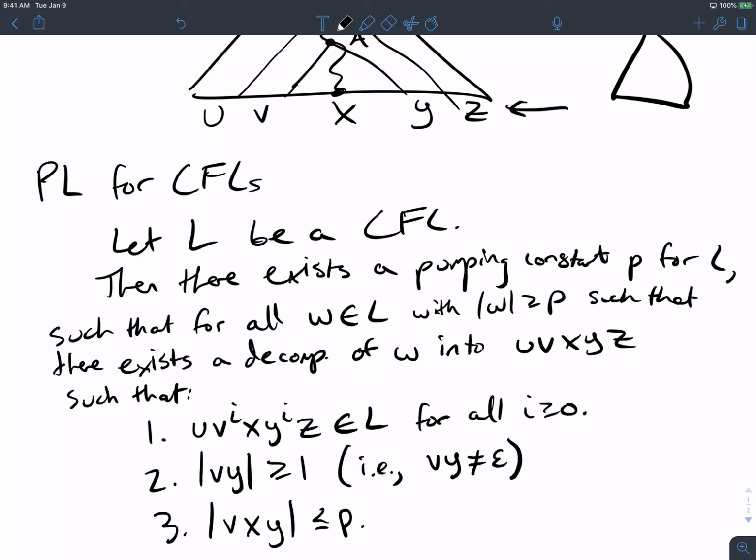No. So think about what's happening here. The part that we are trying to look at and do some work on is not necessarily at the front of the string. It could be near the end, in the middle, or at the beginning. So you can see now that the CFL version is going to have possibly many more cases, because it's not necessarily at the beginning anymore. It could be anywhere in the string.